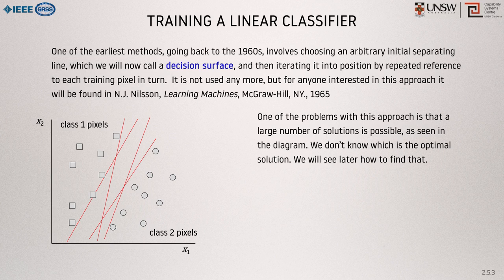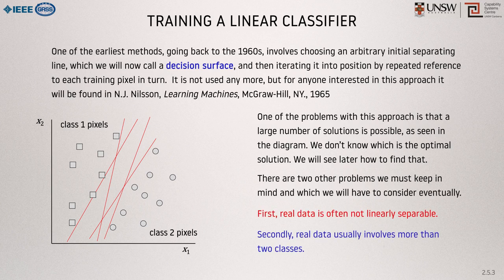But then, by repeated reference to each training pixel in turn, the hyperplane is gradually iterated into an acceptable position. The book by Nielsen, referenced here, shows that method in detail. Note a restriction, however. We are only dealing with two data classes. We will have to embed this method into some form of multi-class process later on.